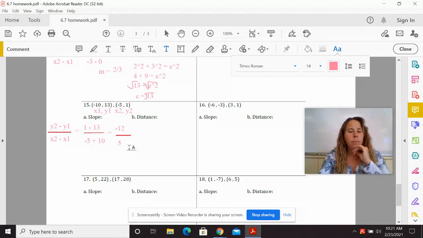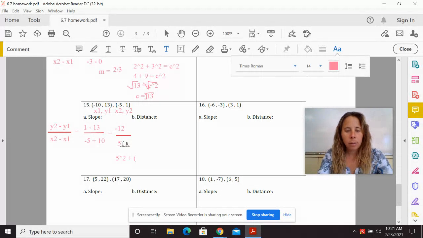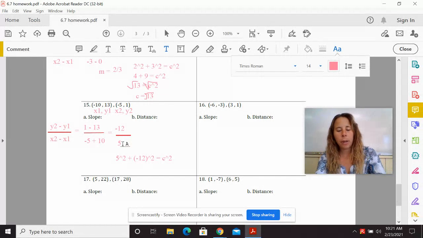That's your slope. Your distance, once again, you now have a and b. It doesn't matter, you can use 5 for a or 5 for b. I'm going to use it as a, so I have 5 squared plus negative 12 squared equals c squared. 5 times 5 is 25.